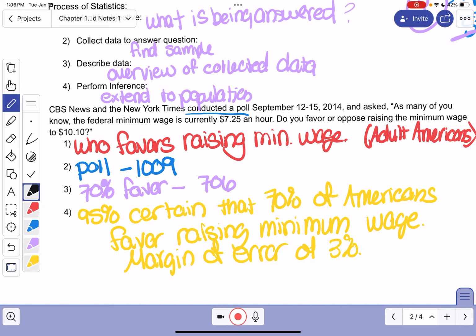So that means that they think the real percent is somewhere between 67 and 73. They know it's not exact because they didn't ask everybody. So mathematically, they came up with their margin of error being 3%. So they're saying the real percent falls somewhere in this range. That's just an overview of that vocab being used.